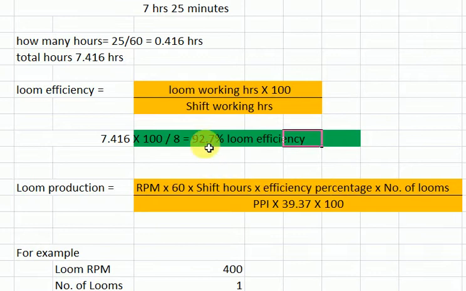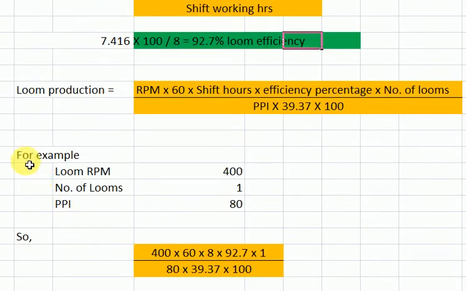Then the number of looms. How many looms are we calculating? Suppose number of looms 1. We keep it here as 1, divided by the picks per inch, multiplied by 39.37, this is for 1 meter, and into 100. Okay. So here for example I am taking loom RPM 400, number of looms 1, and picks per inch 80.